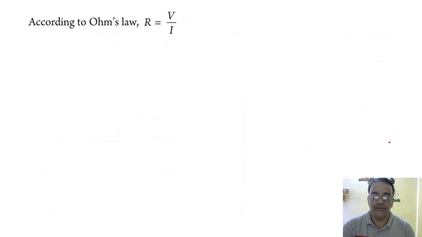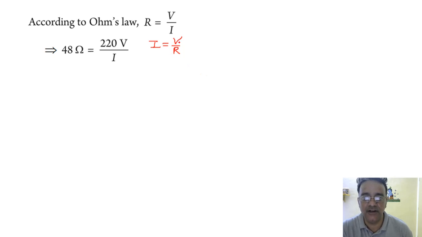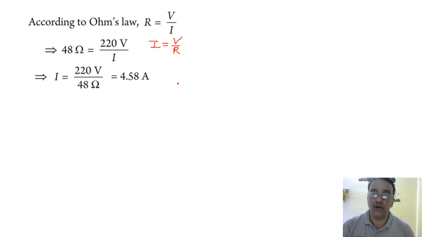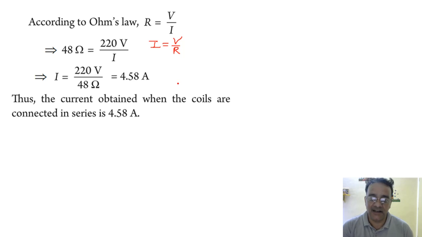Now the current will be equal to, again my suggestion, use this formula directly. So we'll get 220 upon 48, which is equal to 4.58 ampere. Thus the current obtained when the coils are connected in series is 4.58 ampere.